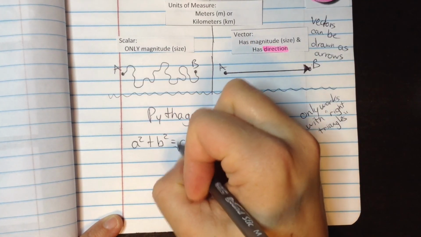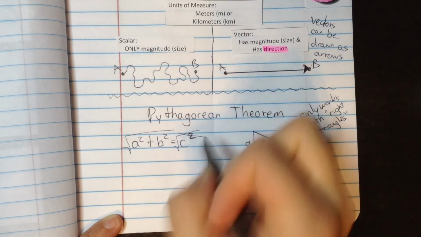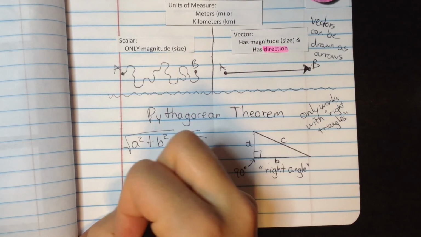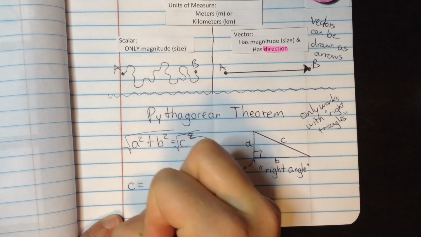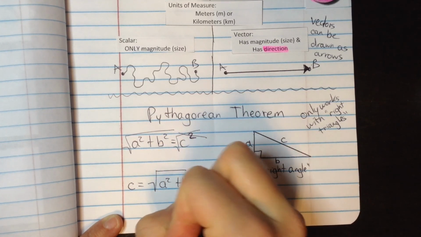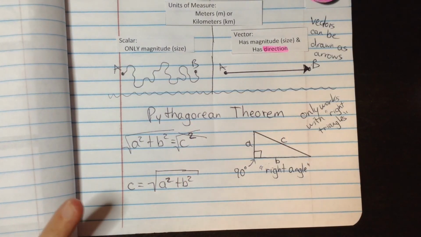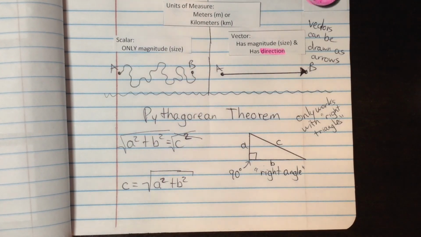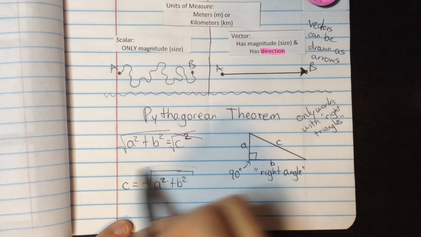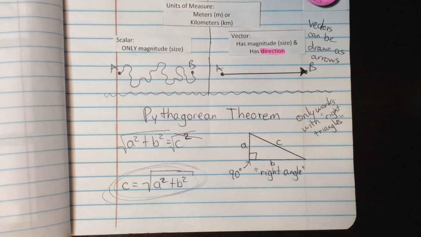The opposite of squared is square root. What you do to one side, do to the other. Those two cancel out. So you end up with C is equal to the square root of A squared plus B squared. That is the formula rearranged, and that's what we will end up using in this class. So that's distance and displacement.